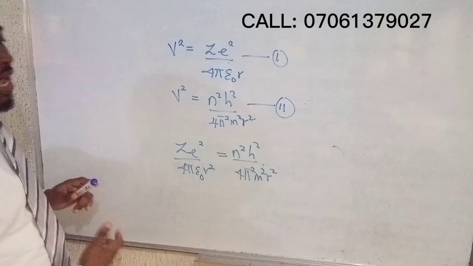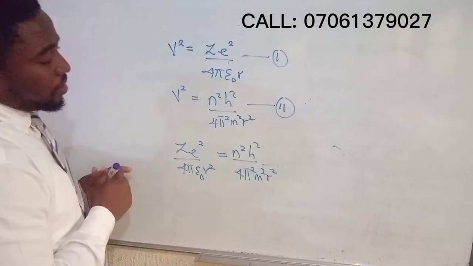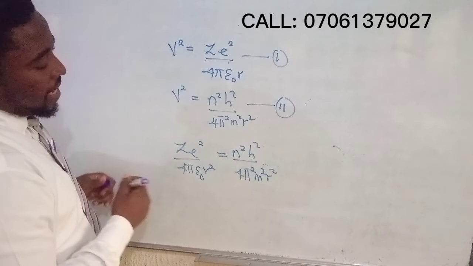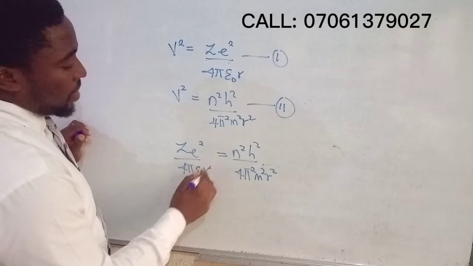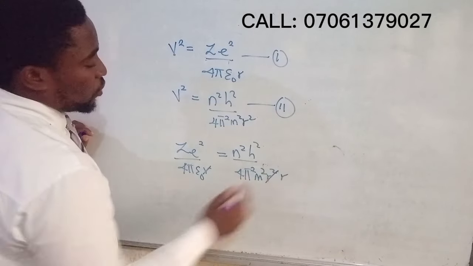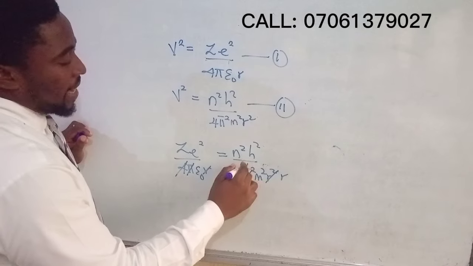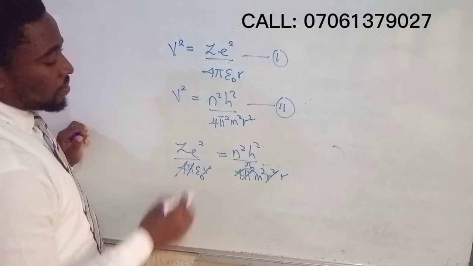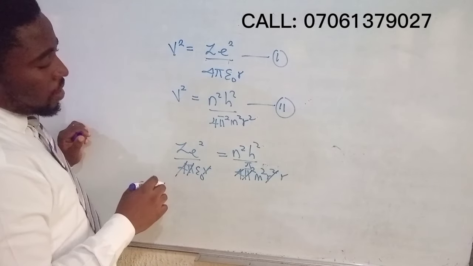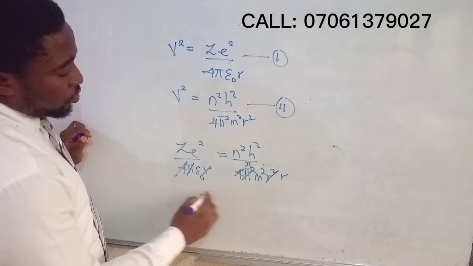So here we can cancel like terms. For example, we can do away with the r. Sorry, this is only 1 r. So this r will cancel this one to leave us with 1 r. 4 will cancel 4. Pi will cancel 1 pi. So we have only 1 pi remaining. Then let us write what is remaining.